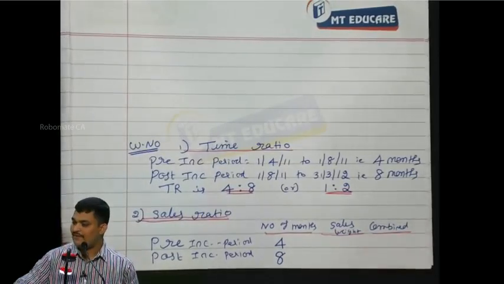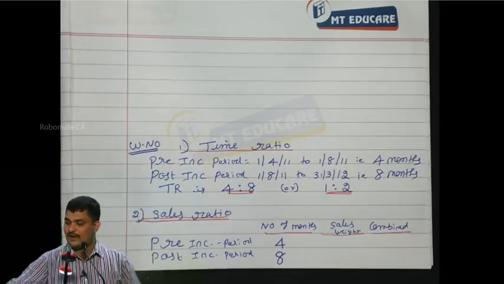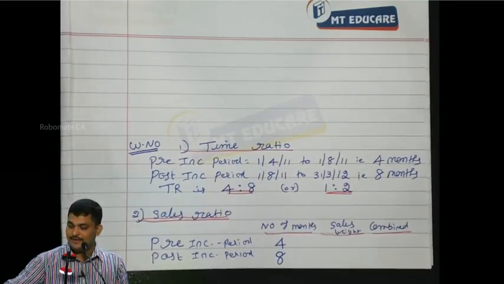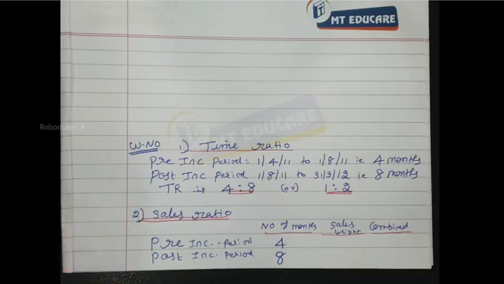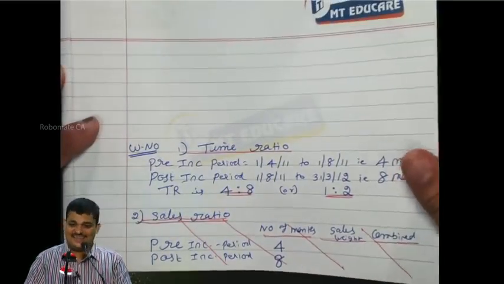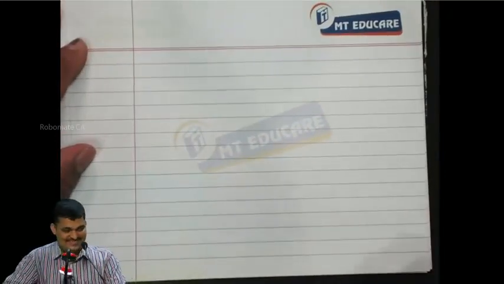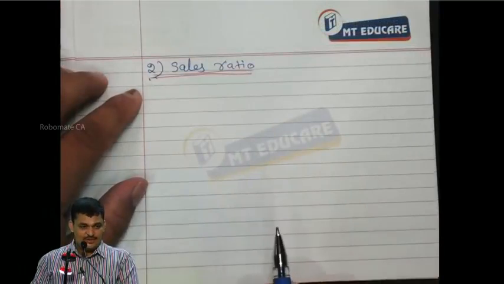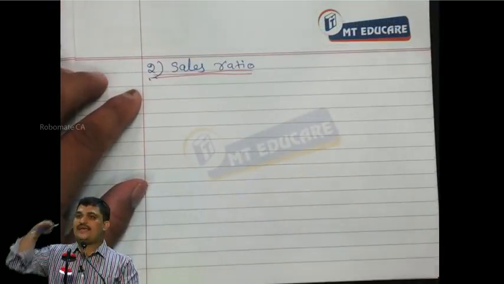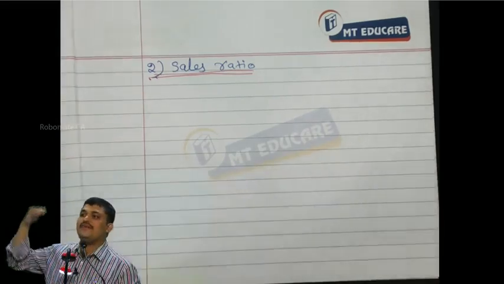It was given that the sales were even throughout up to 30th September. Thereafter it spurted. Like this you should not do it. How we should do it: for the sales ratio we find that sales was even up to 30th, after which it was increased.